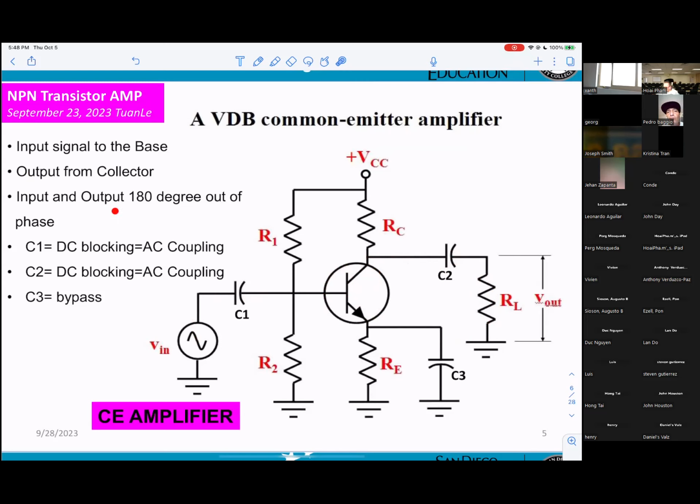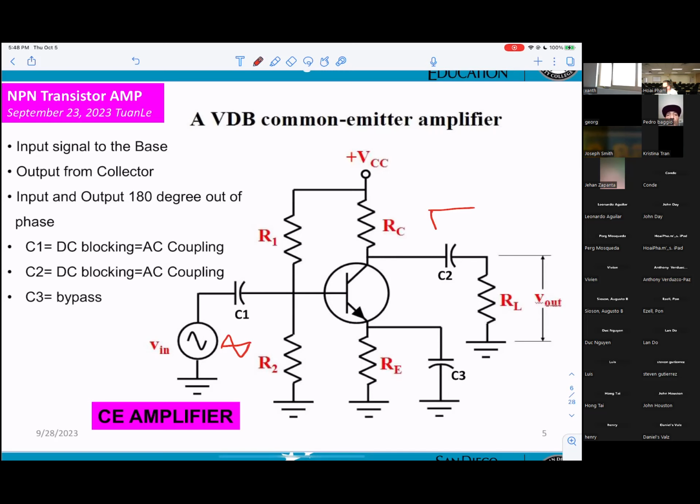Input and output are 180 degrees out of phase. That means if you get an input, this is the input, and the output here, for sure they will be bigger, amplified.